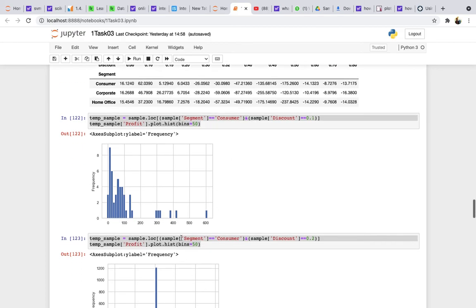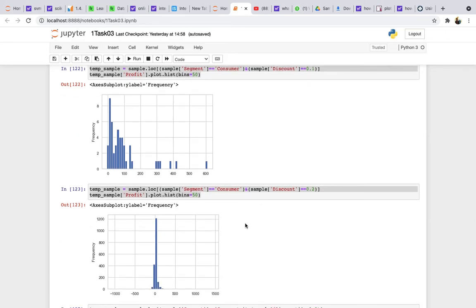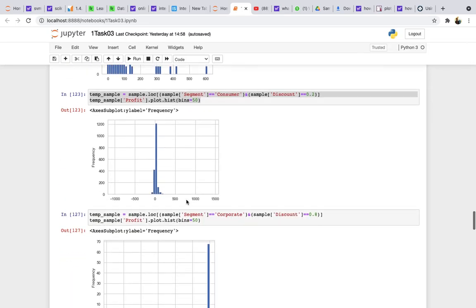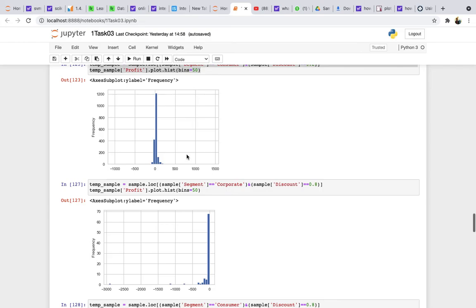For the consumer segment, a sample discount of 20% gives a profit for the supermarket. At 80% discount there is a huge loss, not a profit.